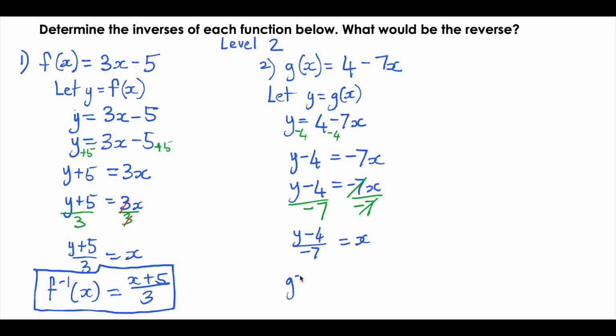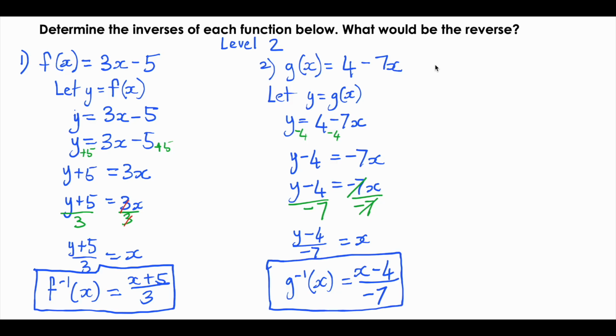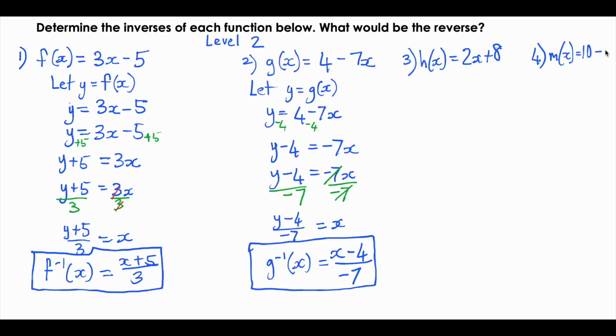So g inverse of x is equal to, interchange, x minus 4 over negative 7. And that's my answer. Now for y'all to try: h of x is 2x plus 8, and then 10 minus 3x.